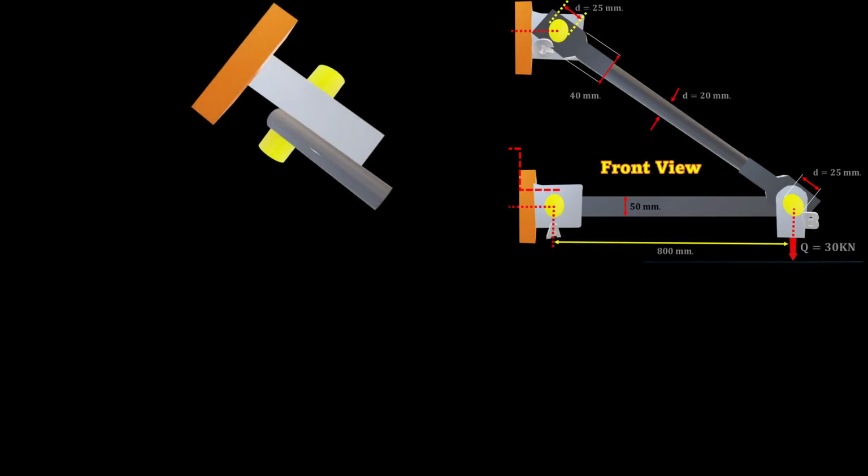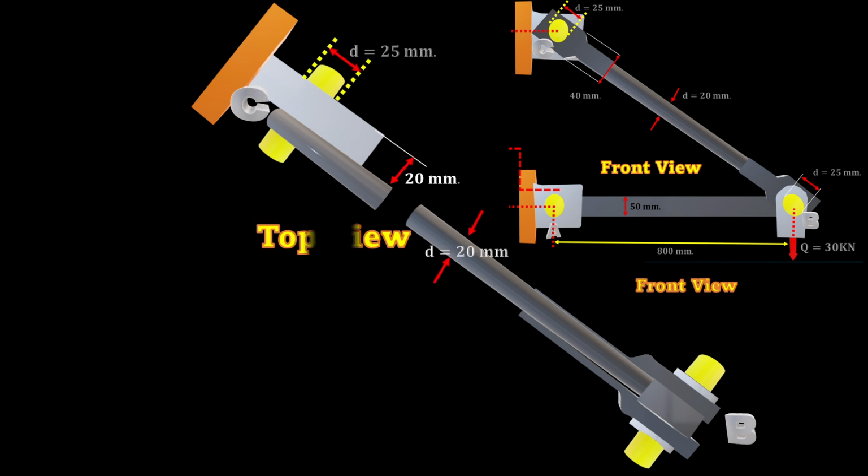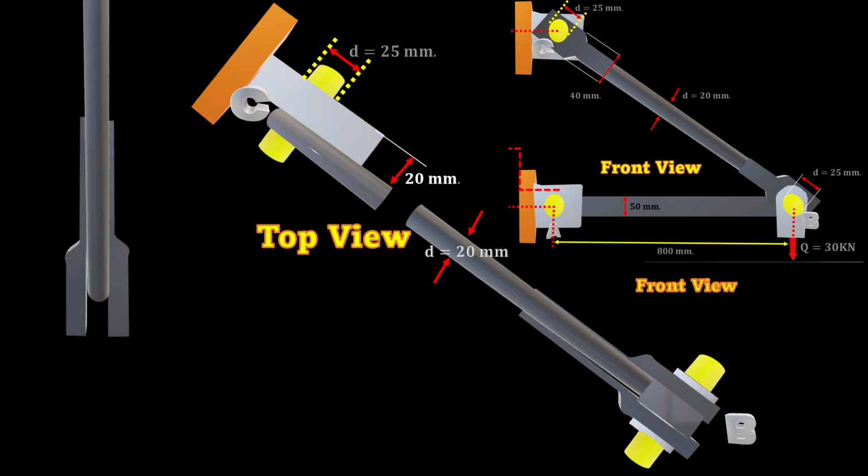And then we can also see it from the top at the rod. This is what you can see from the top for rod BC. And also we can have a closer look at the connection at B from the end view of this part.